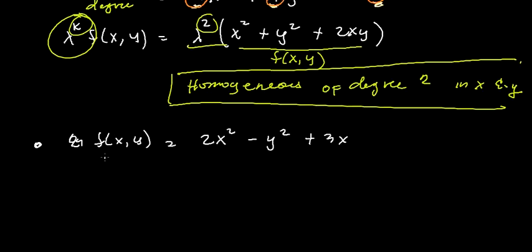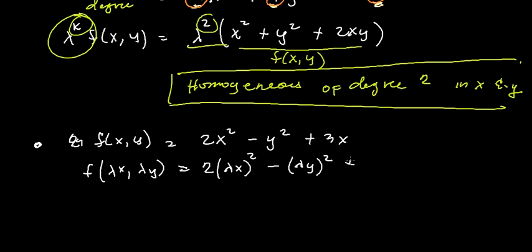To check if this function is homogeneous, we apply the indicator lambda at x and lambda at y. By doing that, we have 2 times (lambda x) squared minus (lambda y) squared plus 3 lambda x.